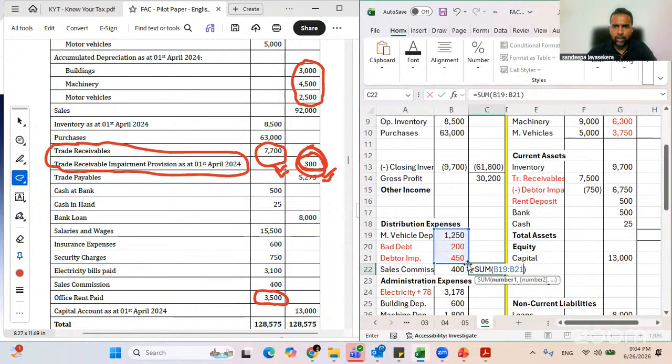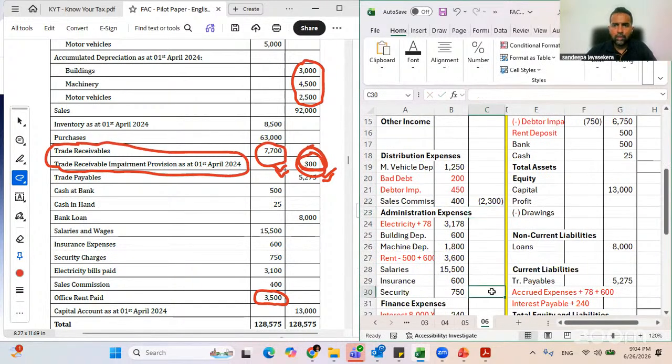Take the distribution expenses. Take the administration expenses.